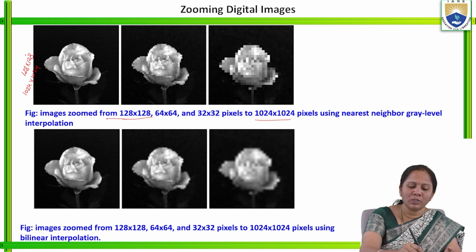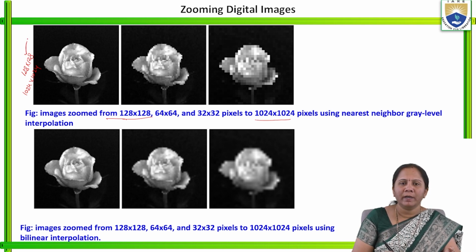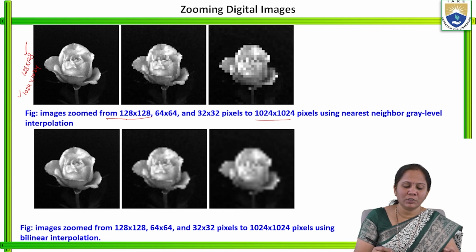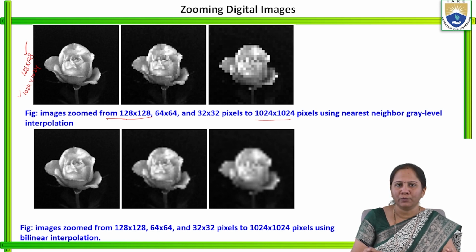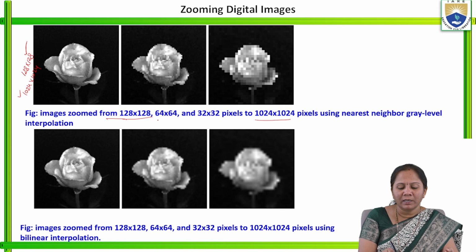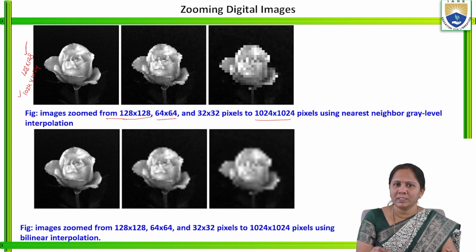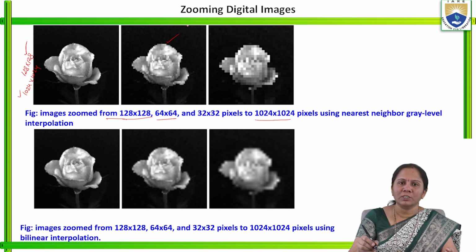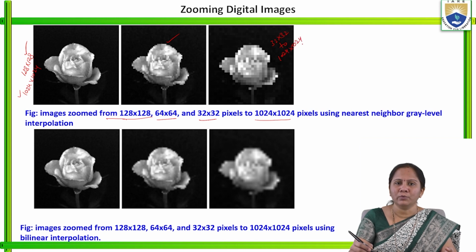This is the original size of the image. By duplicating the rows and columns, the size of the image has been increased to 1024 by 1024. Similarly, a 64 by 64 image has been zoomed to 1024 by 1024, and the next one, 32 by 32, is zoomed to 1024 by 1024.